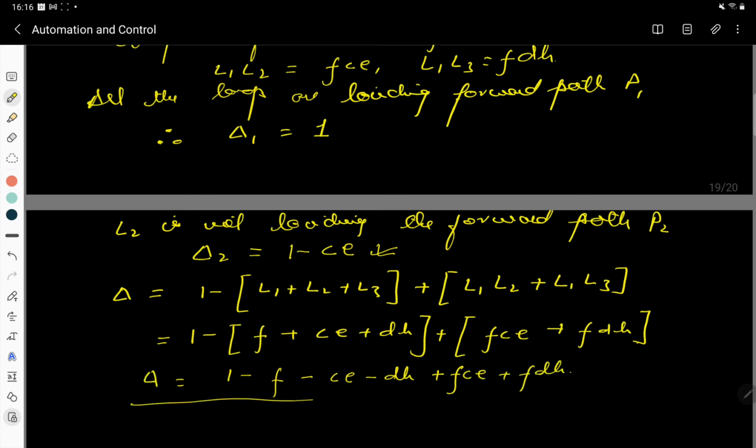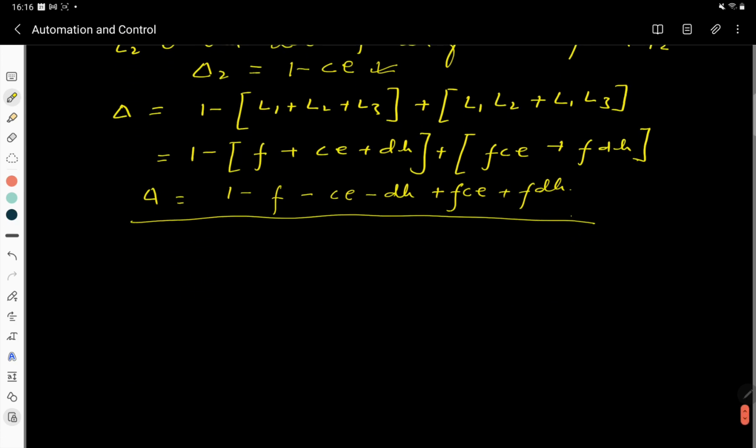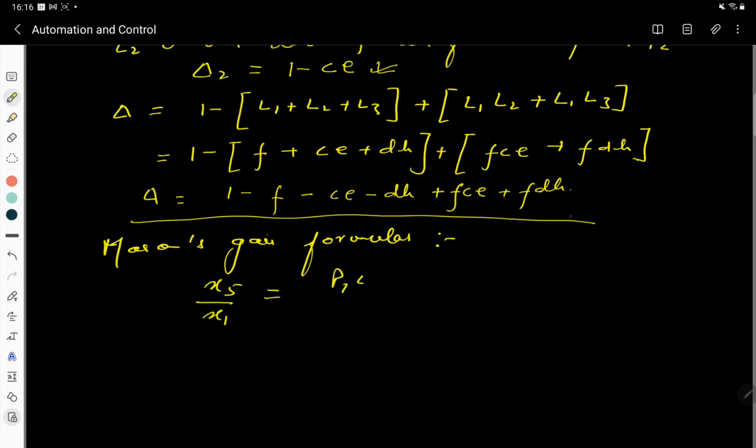This gives us the determinant. After applying Mason's gain formula, the overall transmittance x5 upon x1 is equal to P1 delta 1 plus P2 delta 2, divided by delta.